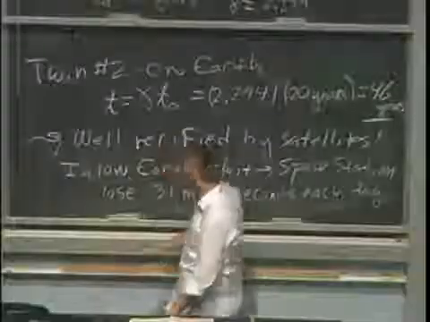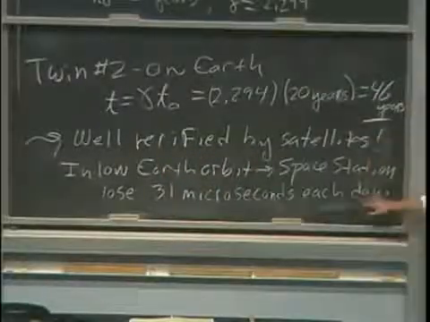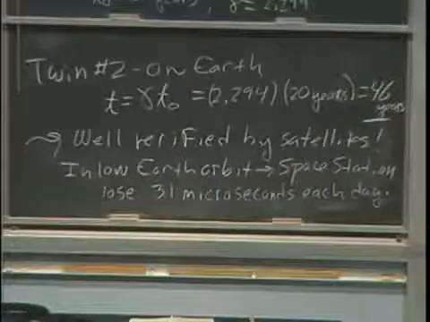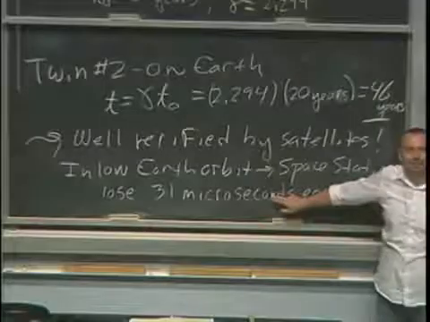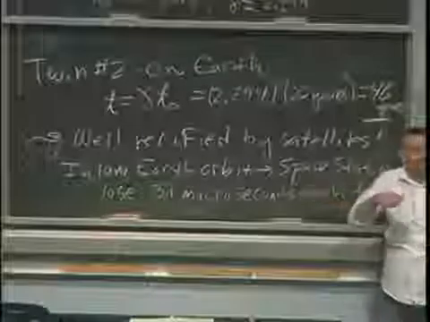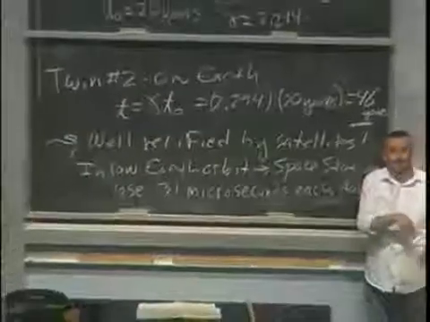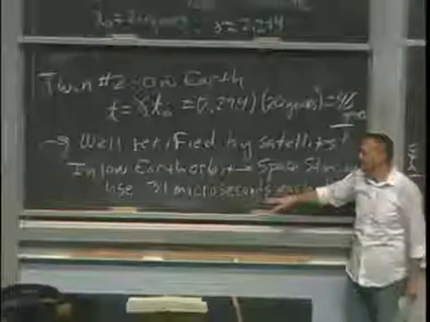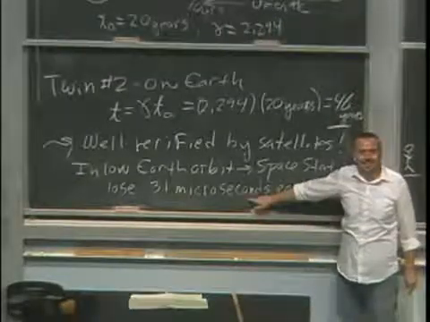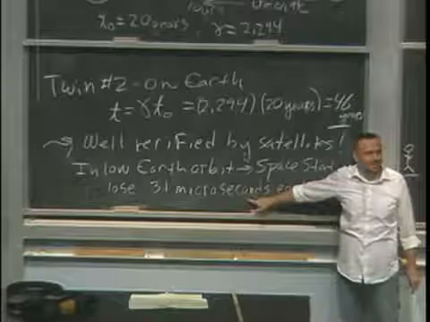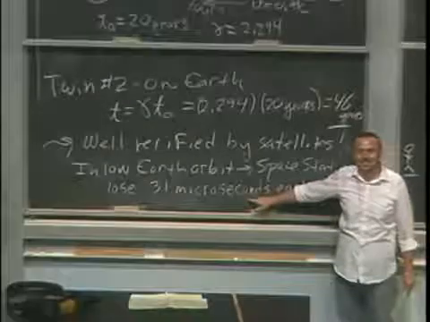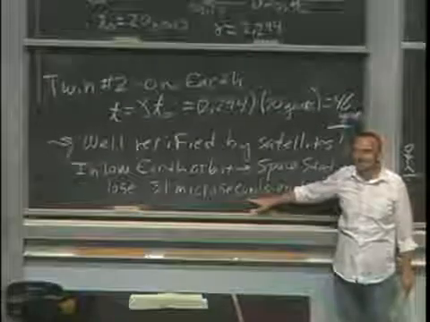Okay, oh, by the way, I was going to mention, I would say that's not only measured, but it's actually crucial. GPS satellites, the ones that we use to find our positions with our iPhones and such, require us to correct for these effects, because otherwise they would be wrong, because time travels differently for them than it does in our frame of reference.